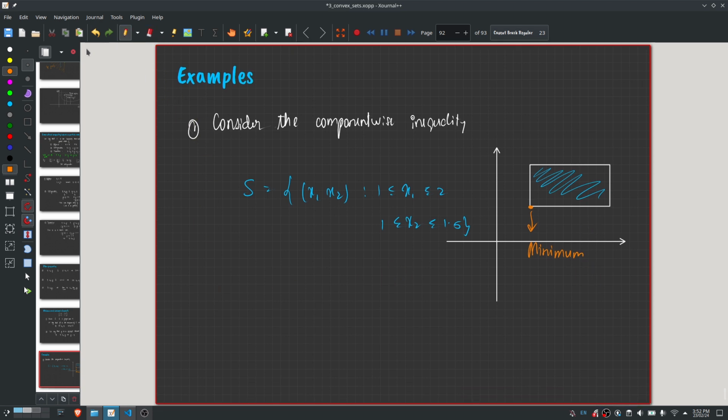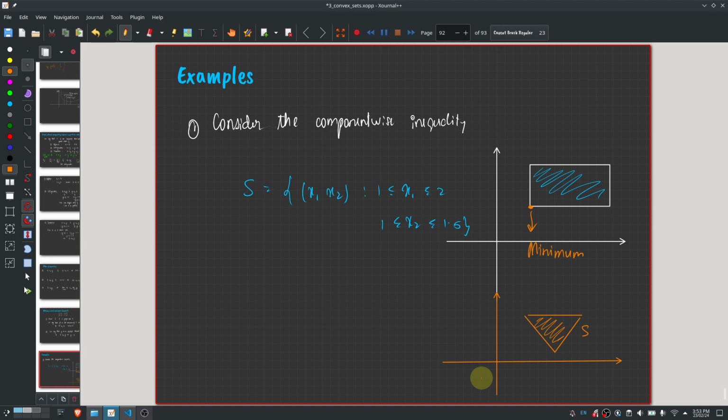Okay, so now let me consider another set, maybe the following triangular region. This is my S. Does this set have a minimum?